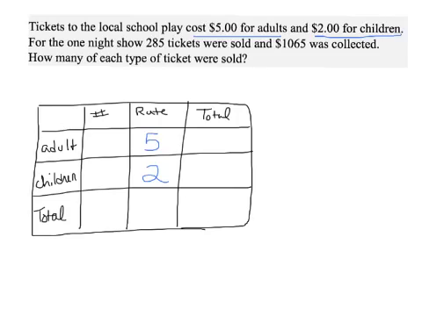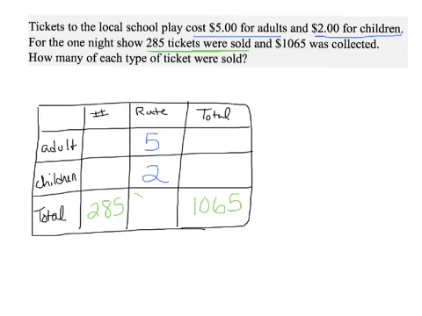It then says, for one night, there were 285 tickets sold. That is the total that was sold. So that's the total number of tickets that were sold. And $1,065 was collected. That's the total amount of money that was collected. It's not an amount per ticket.